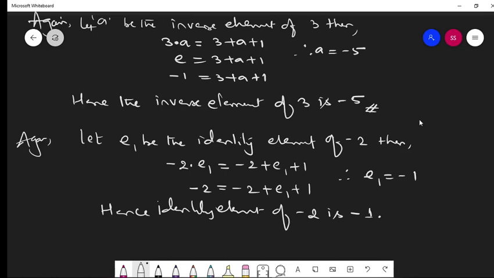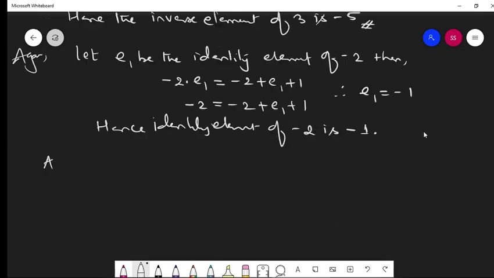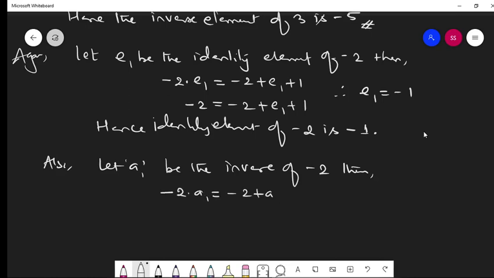Now we have to move to the next part. Also, let A1 be the inverse of minus 2. Then minus 2 dot A1 equals minus 2 plus A1 plus 1. And minus 2 dot A1 is E1, because the product of an element and its inverse is the identity. The value of E1 is minus 1, so minus 1 equals minus 2 plus A1 plus 1.